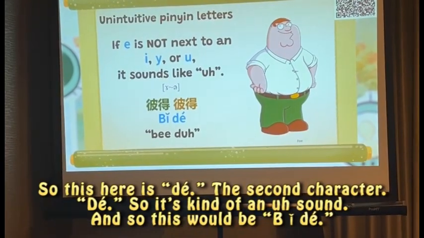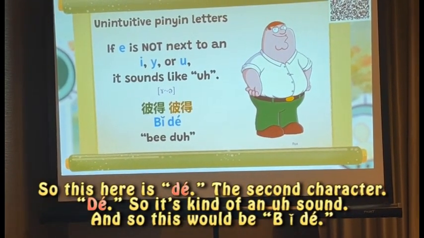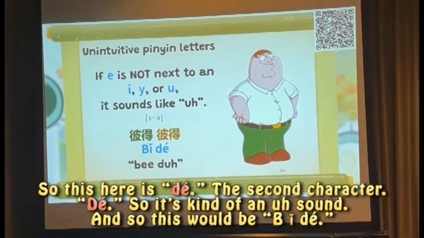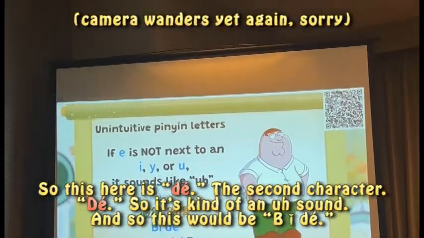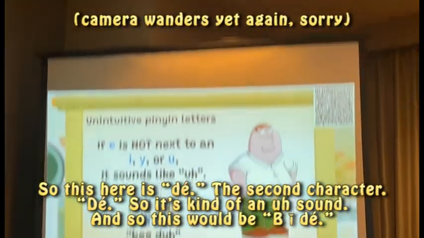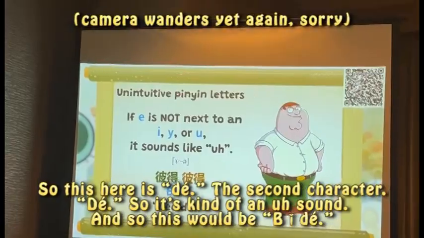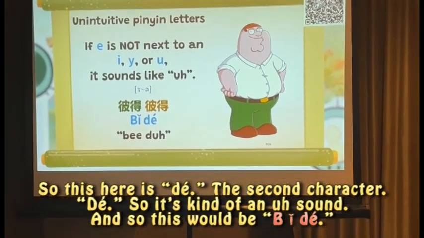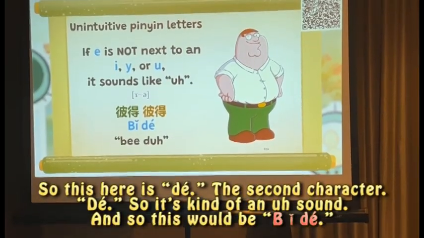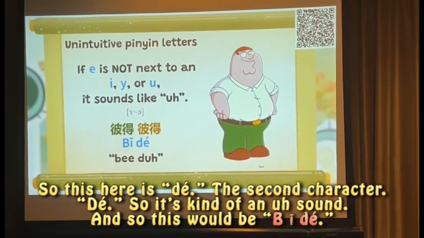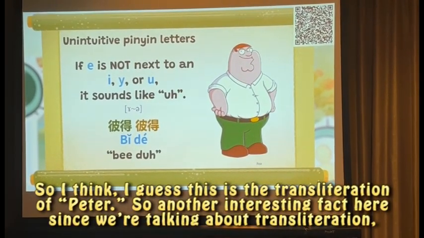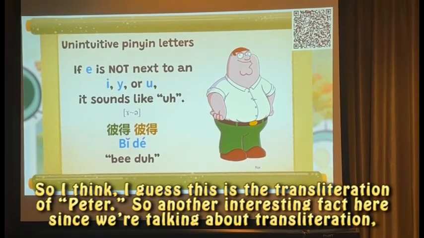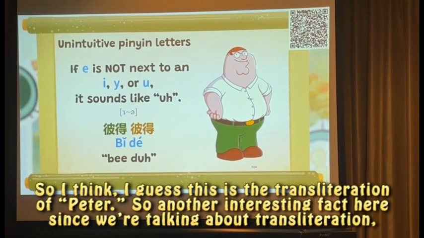So this thing here is 德, the second character. 德. So you can see it has that sound. So this will be 彼得. As you might have guessed, it's the transliteration of Peter.